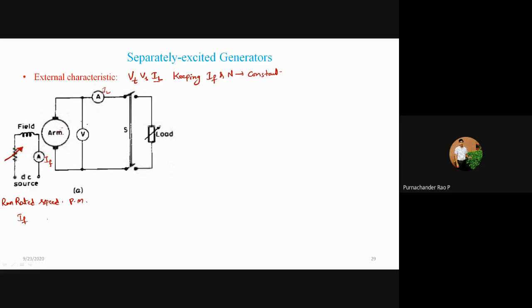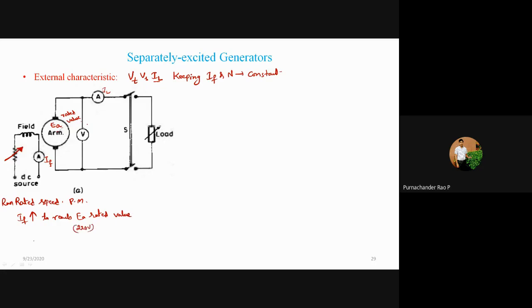So your generated voltage EA will be increased and it will reach the rated value. The field current is increased to reach the EA rated value. Assume that this rated value is 220 volts.